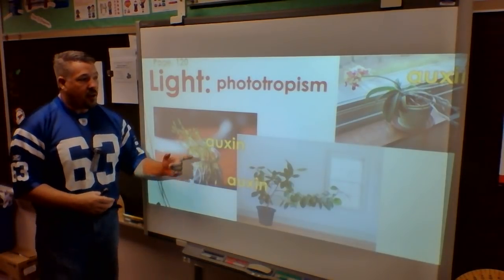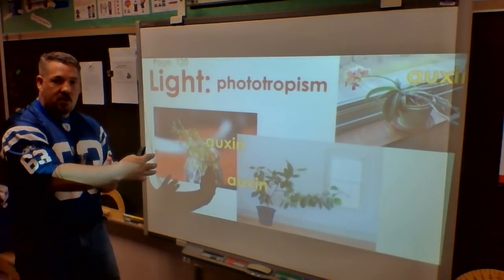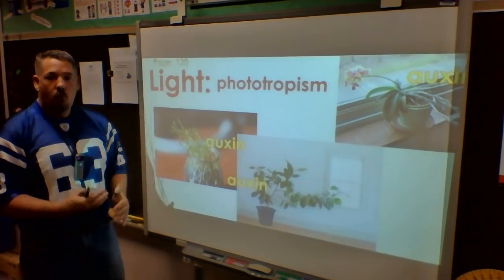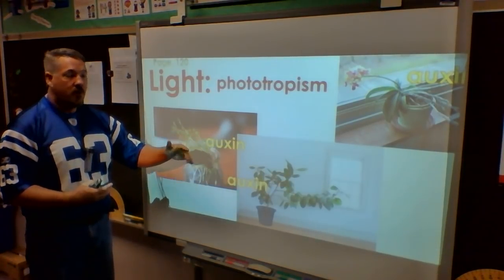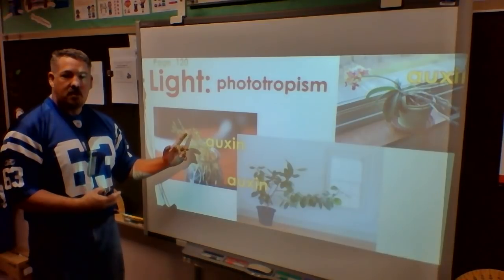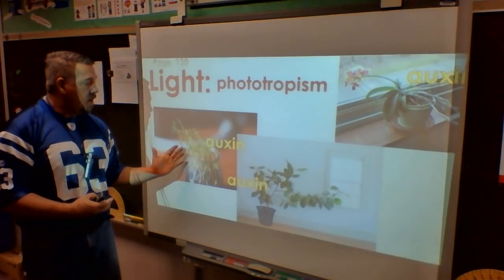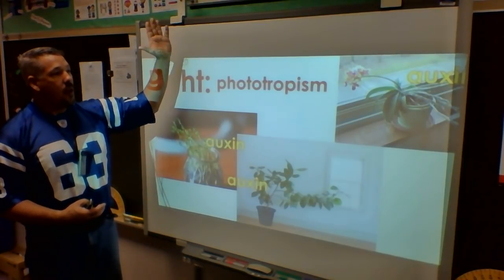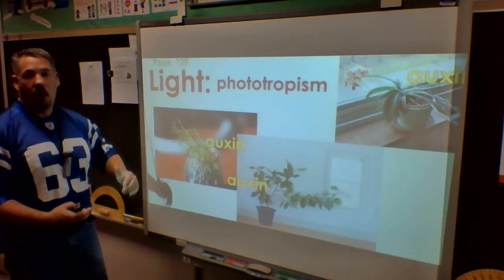If I want to straighten any of those plants up, I would simply turn them around so they're leaning away from the light, and the auxins on that opposite side are going to extend those stems. They're going to straighten back up, and then go towards the light again.